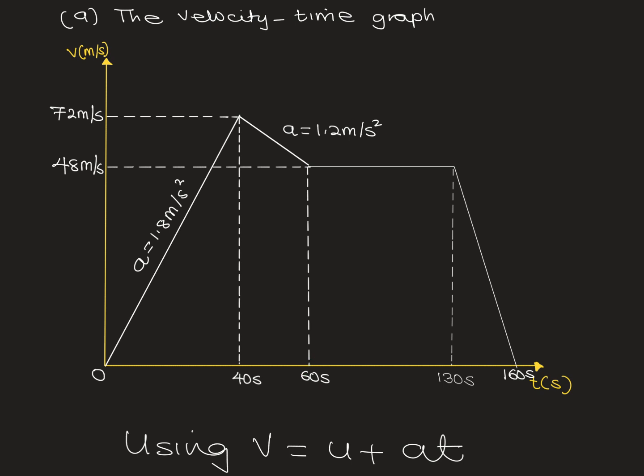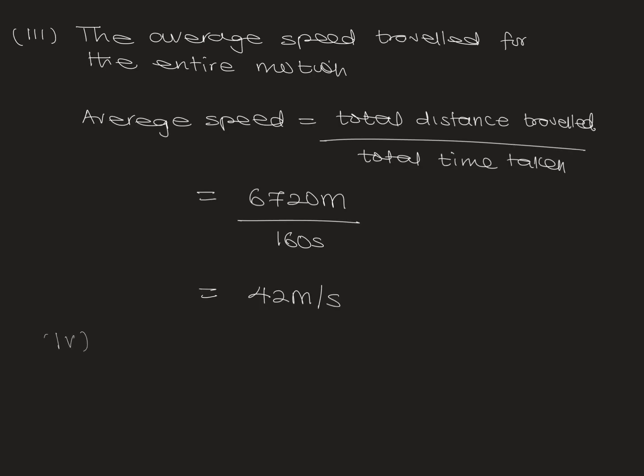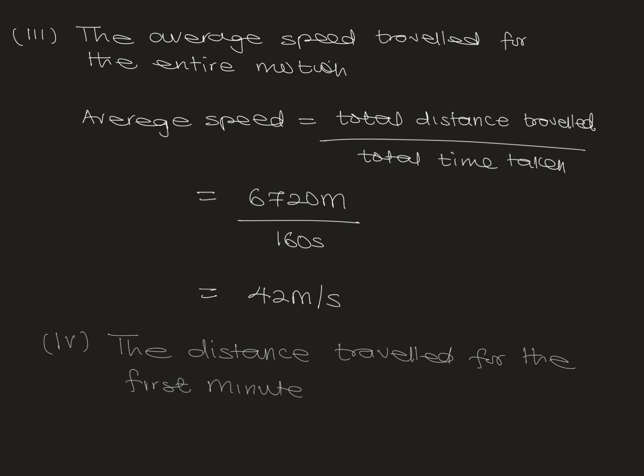That is to say, the first distance traveled and the second distance traveled during the two phases of motion. Question 4. The distance traveled for the first minute, that is for the first 60 seconds of the motion.